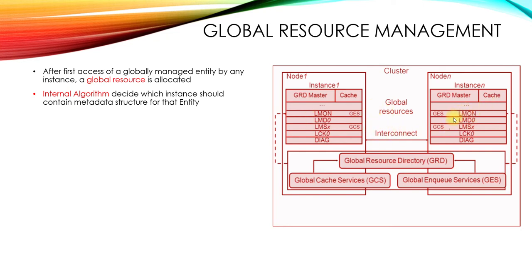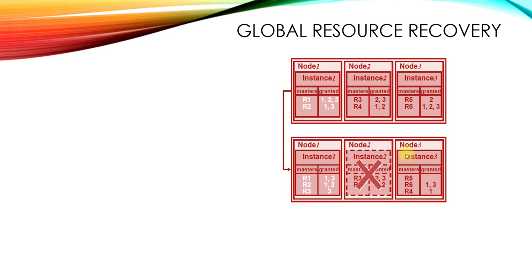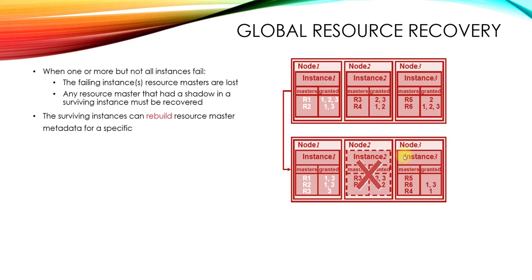In case one node fails, there will be a shadow structure available, and in case of failure we can recover using that particular shadow file. So that is what this line is defining: any resource master that has a shadow in a surviving instance must be recovered. So either this or this will be used to recover.